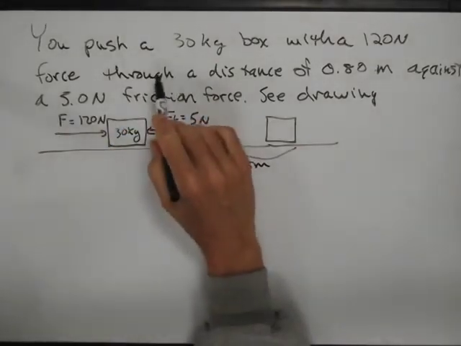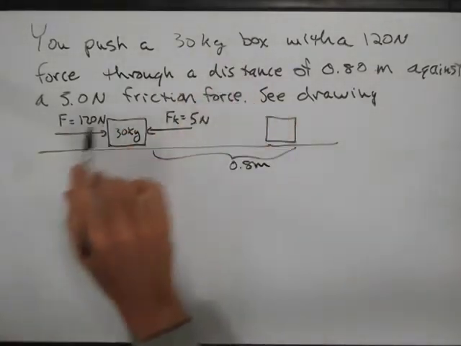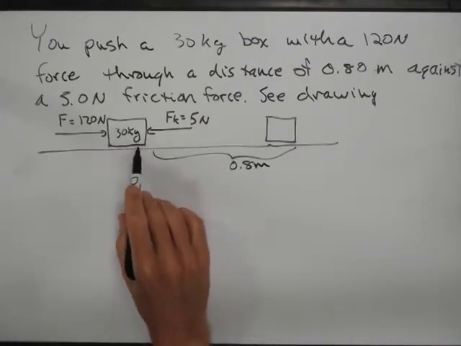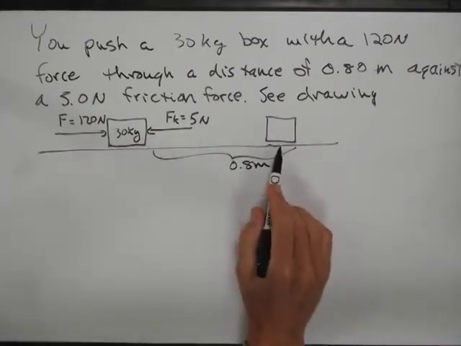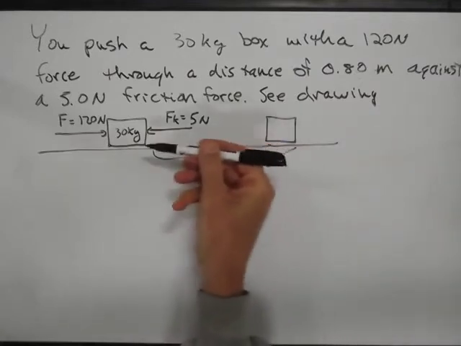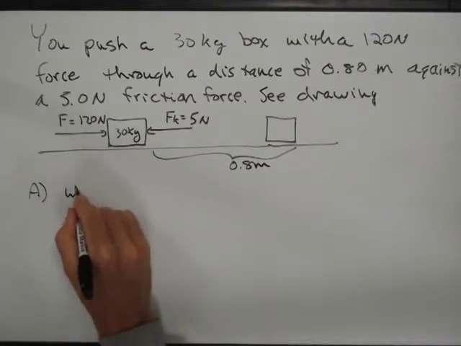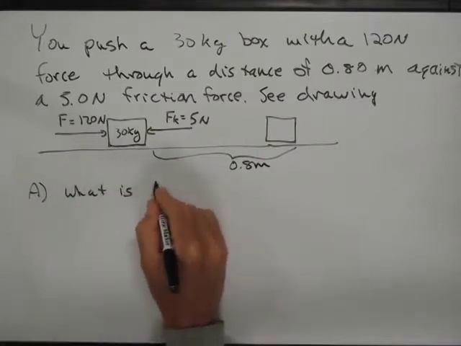So in this problem, you push a 30 kilogram box with 120 Newton force through a distance of 0.8 meters. So it goes from here to here, it moves 0.8 meters against a 5 Newton friction force. See the drawing. So A, what is the net force?